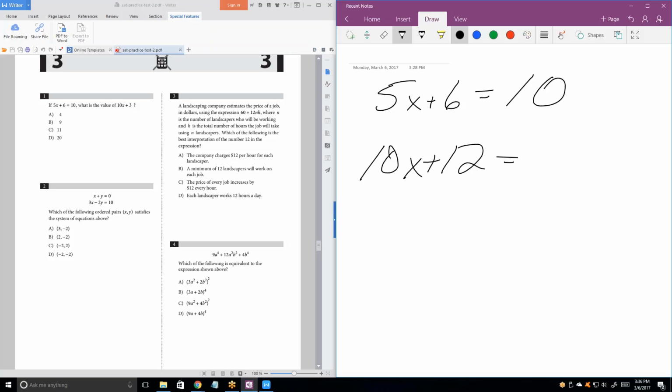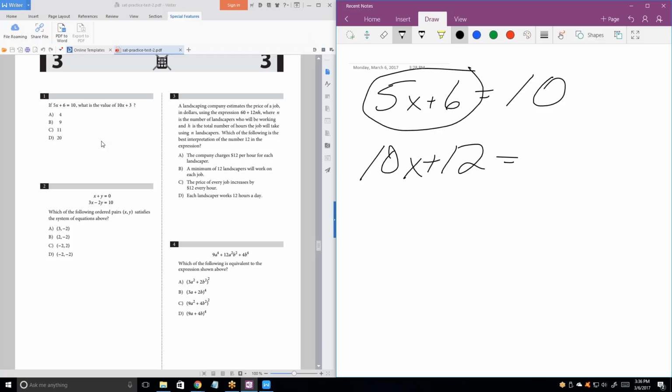In other words, it's exactly twice as much as that. And when I first looked at this problem, I thought that's what it was. 10x plus 3 looks like twice as much, but it's twice 5x, but it's half of 6. So you cannot use that technique.